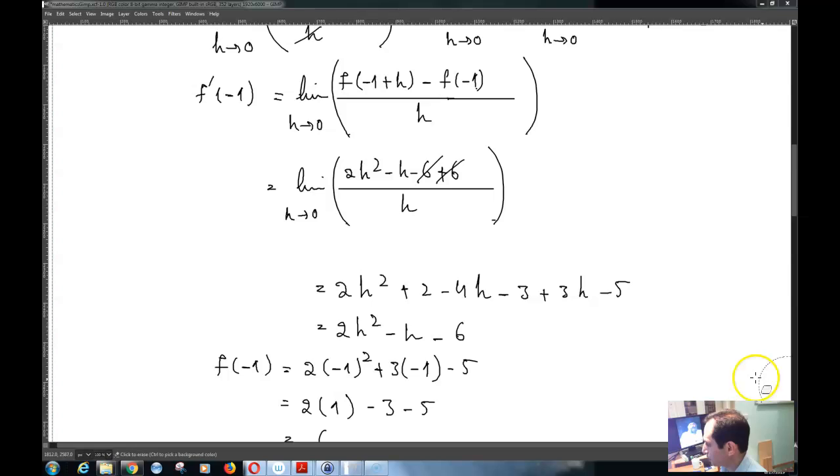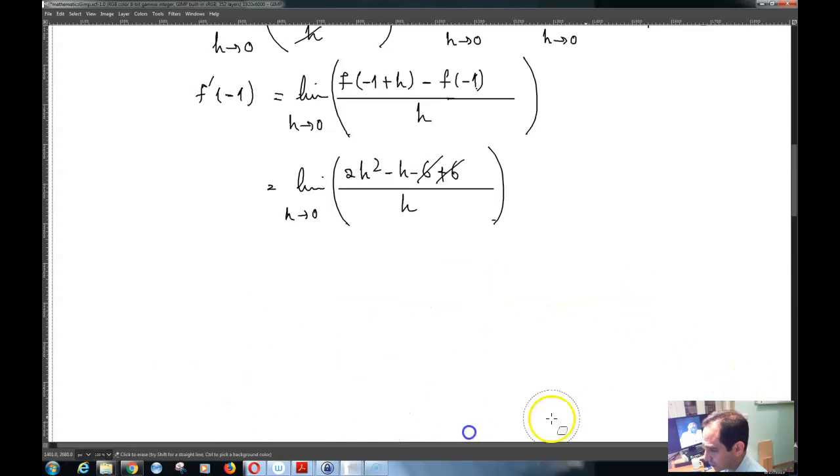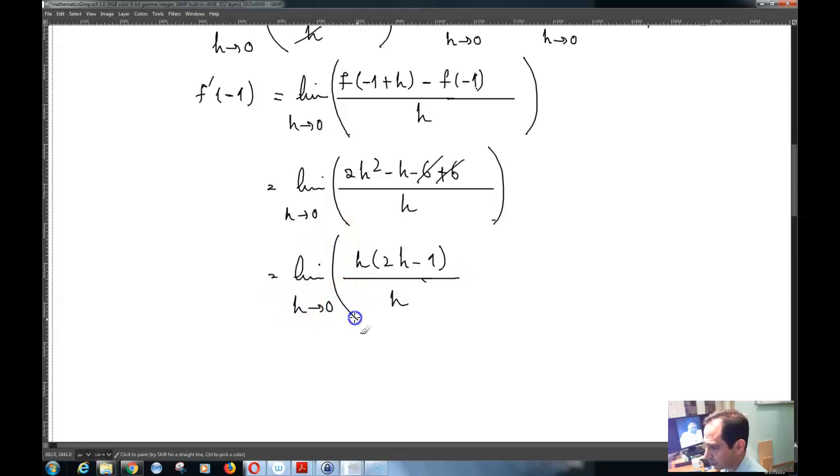You can take this as the limit of basically h times 2h minus 1 over h as h tends to 0. Then these two cancel out, and you will have the limit of 2h minus 1 as h tends to 0, which is equal to, in the limit this becomes 0, so this is the negative 1. So the f prime of negative 1 is negative 1.